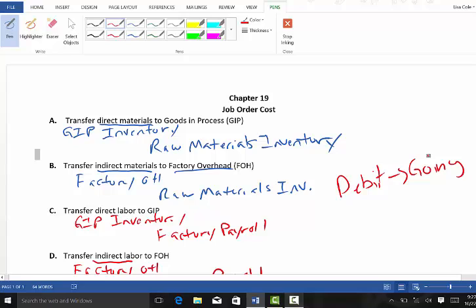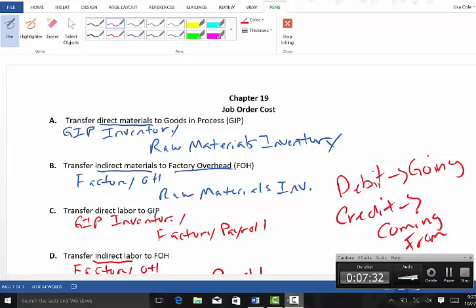If I was putting labor into goods in process, I would debit it. So you debit where it's going, and then you credit where it's coming from. So I would debit goods in process, because that's where my direct material was going, and I would credit raw materials inventory because that's where it was coming from. So hopefully this helps. Sorry about the little interruptions.